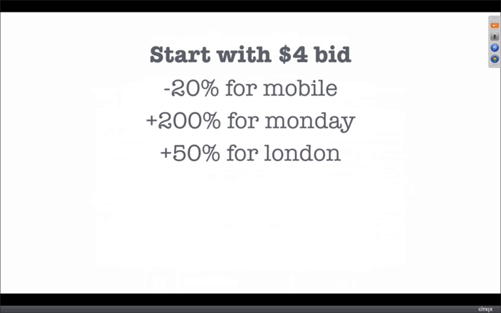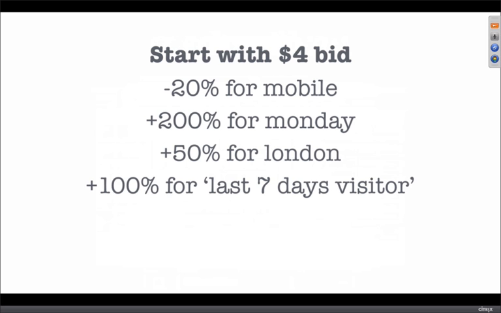This person was also searching for London, and you've got some location bid mods in your account to say if someone is searching in London, then up the bid by 50%. And you've also got, because you're getting all funky and advanced, and you've gone through the whole course and waited for Module 7, some RLSA running, and you're doubling the bid if somebody has been to your website in the last 7 days. All very standard. What is really important to realize is that all of these bid modifiers multiply together.